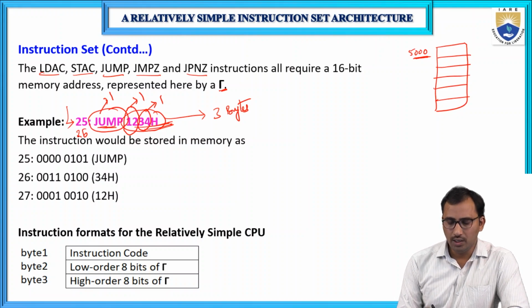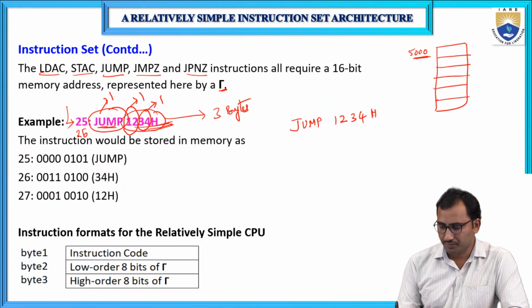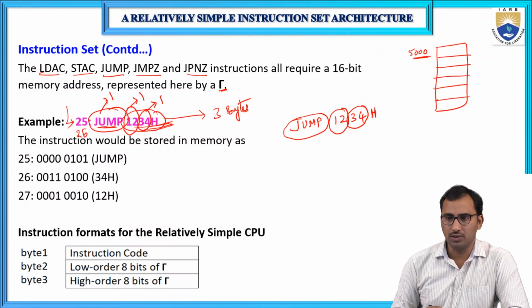So jump 1234H. H represents hexadecimal, because all the values will be stored in the memory as hexadecimal or binary values. 34 will be stored in one memory location, 12 in another memory location, and jump in some other memory location. So in total it requires 3 memory locations.